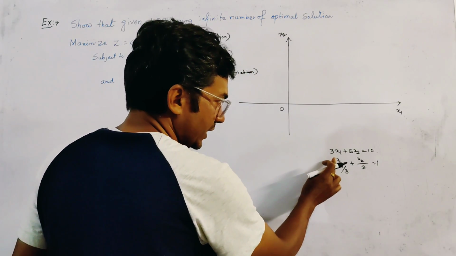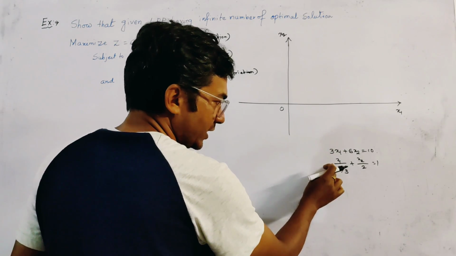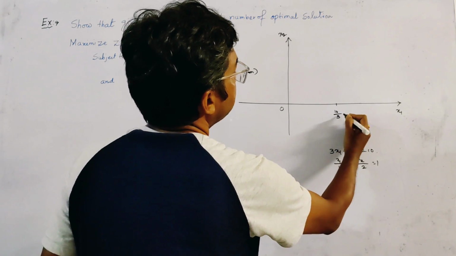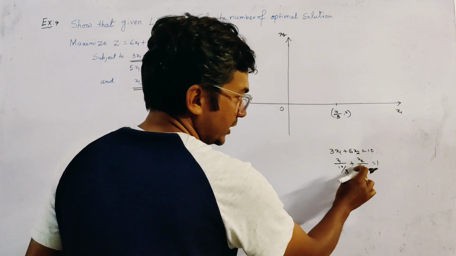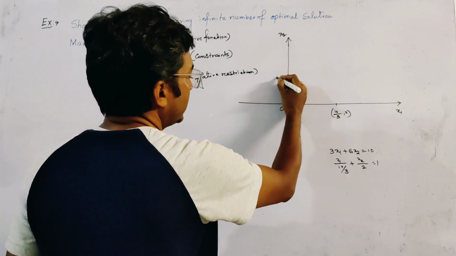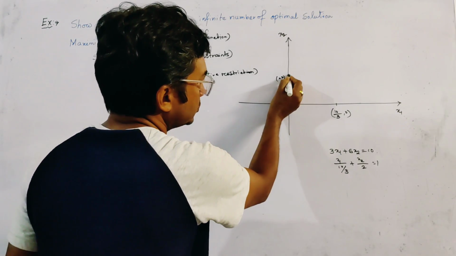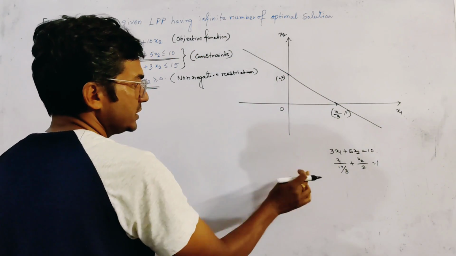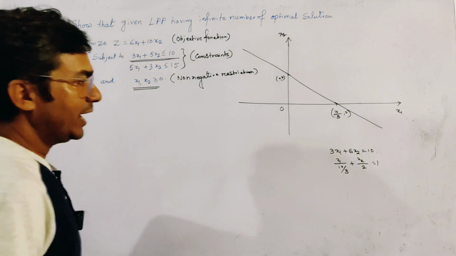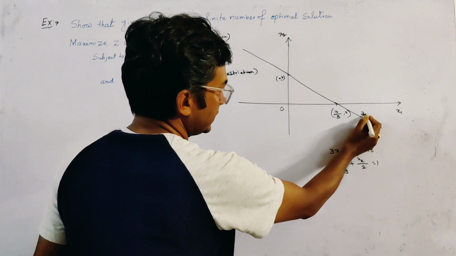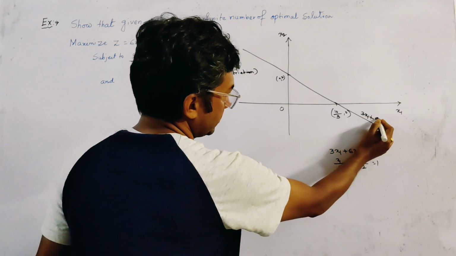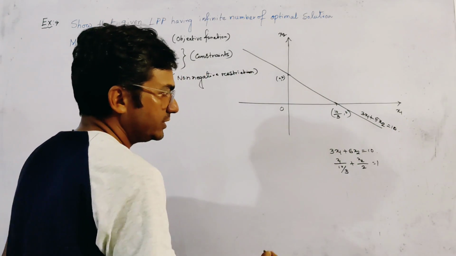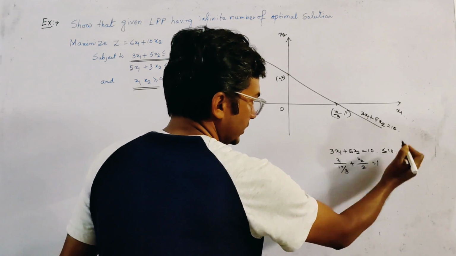So clearly this line cuts the x1 axis at (10/3, 0) and the x2 axis at (0, 2), and we join these by a straight line. This is the first constraint, 3x1 plus 5x2 equal to 10, and it is given that this is less than or equal to 10.